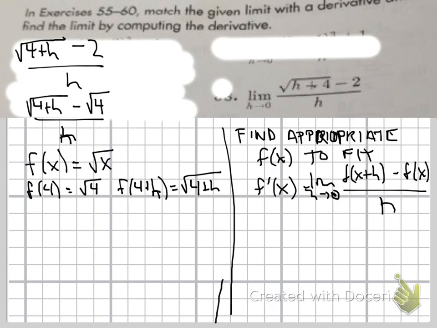And that's what we're going to use. Basically, if our f of x is equal to x to the 1/2, rather than going through the trouble of simplifying these radical expressions using conjugates or whatever, we can simply do the derivative of f of x equals x to 1/2. So f prime of x is equal to 1/2 x to the negative 1/2, right?